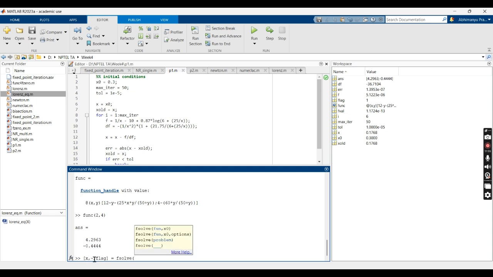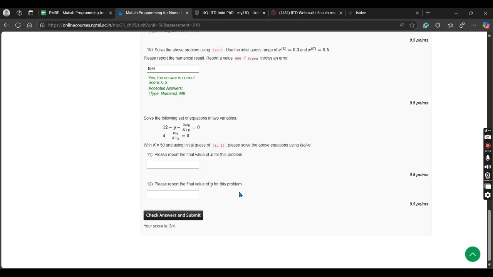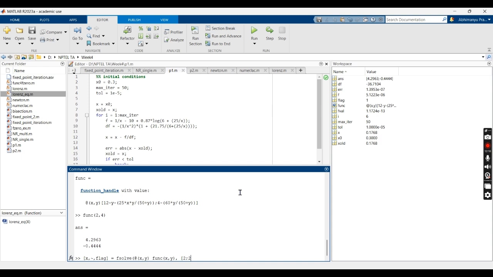So we can write a tilde for the values that we don't want, right? Fsolve. I need to input the function handle, function x comma y, and my initial guess, which in this case is 2 comma 2.